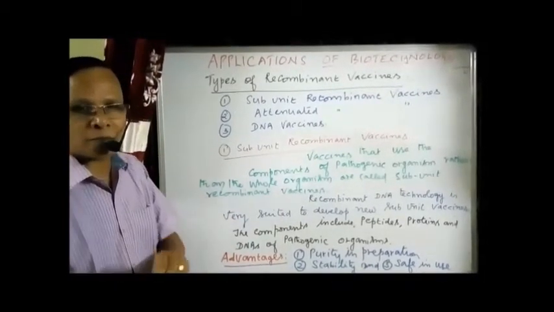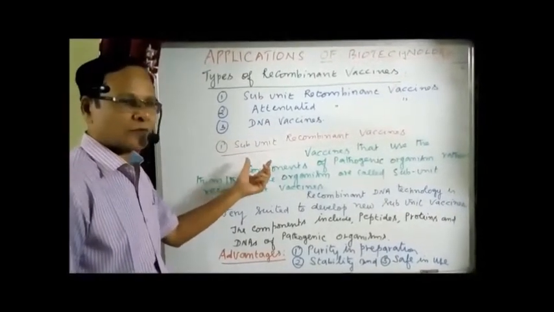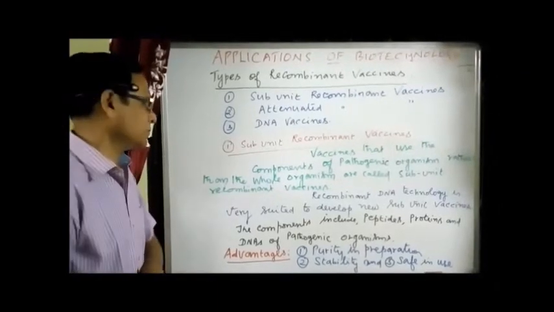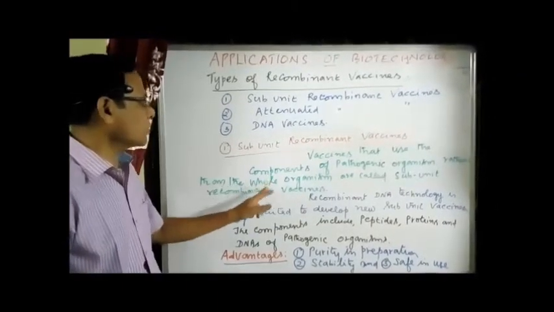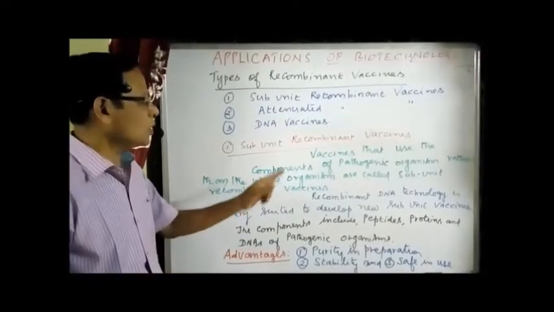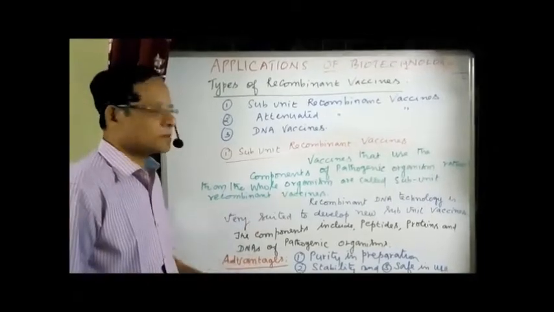The component part of the pathogen is used, hence called subunit. So vaccines that use the components of the pathogenic organism rather than the whole organism are called subunit recombinant vaccines.